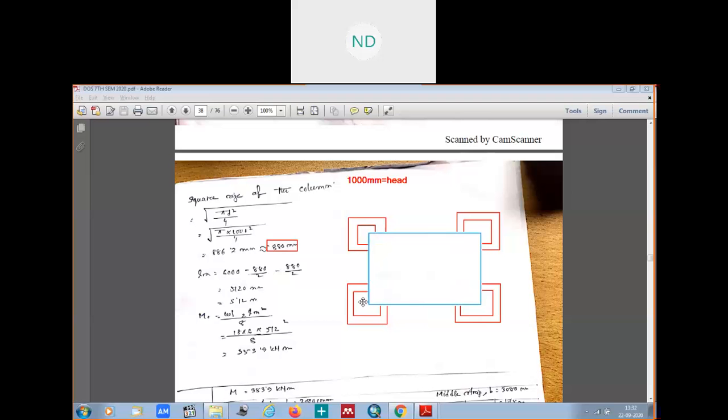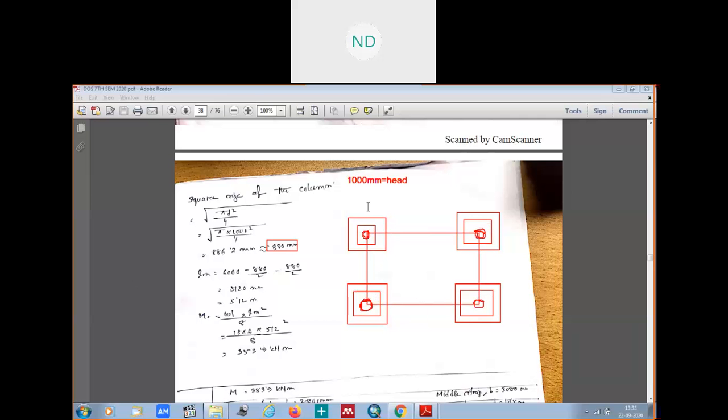So we have our circular columns here. If you see the top view, it is like this. So these are your circular columns.